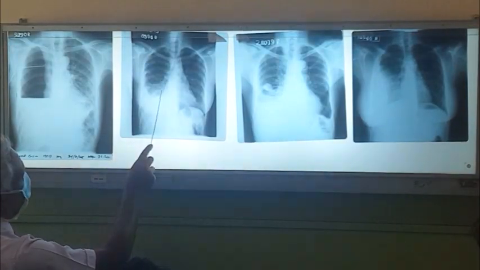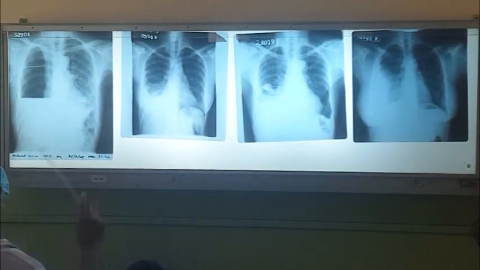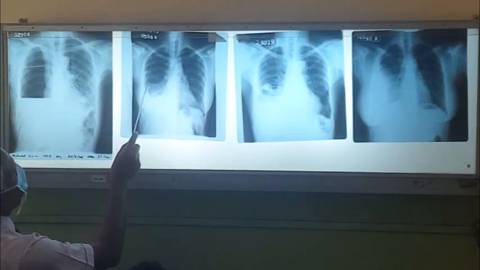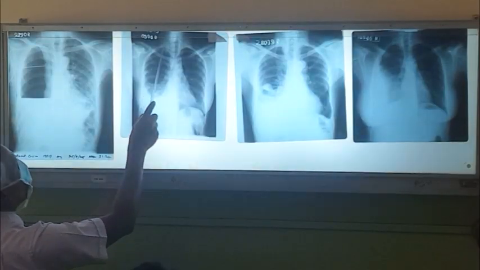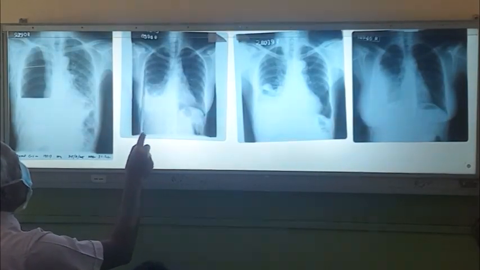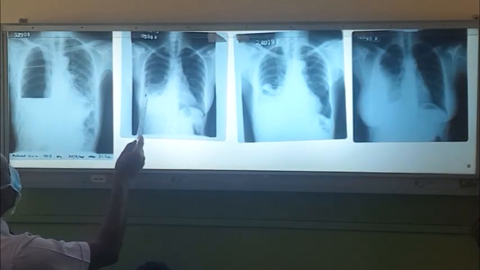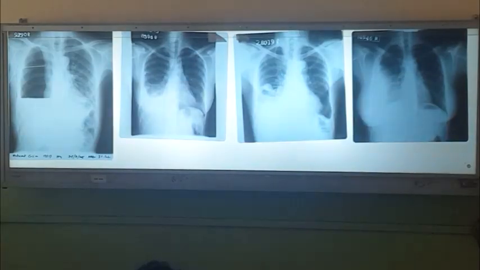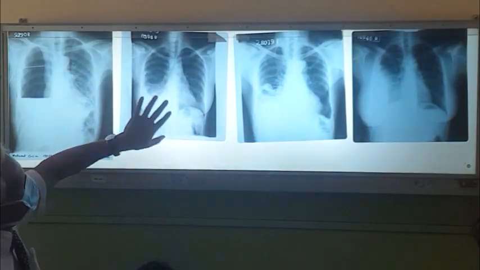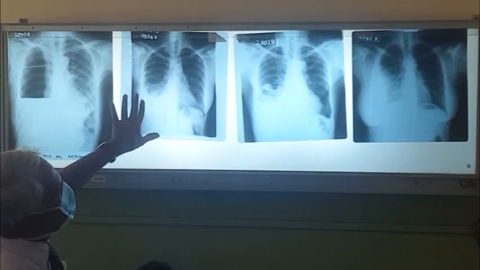So this is a concavity moving up. So there is fluid on the right side. Right-sided effusion, and in addition to that, there is fluid here also. If you count 1, 2, 3, 4, 5, 6, it should be here, but this is the transverse fissure, fluid in the transverse fissure, but it has moved because of the right-sided volume loss and pleural effusion.